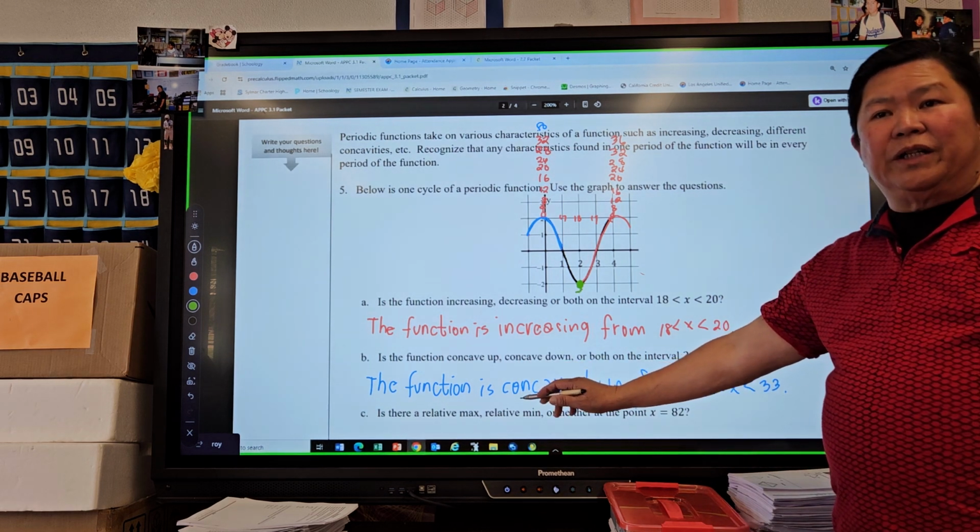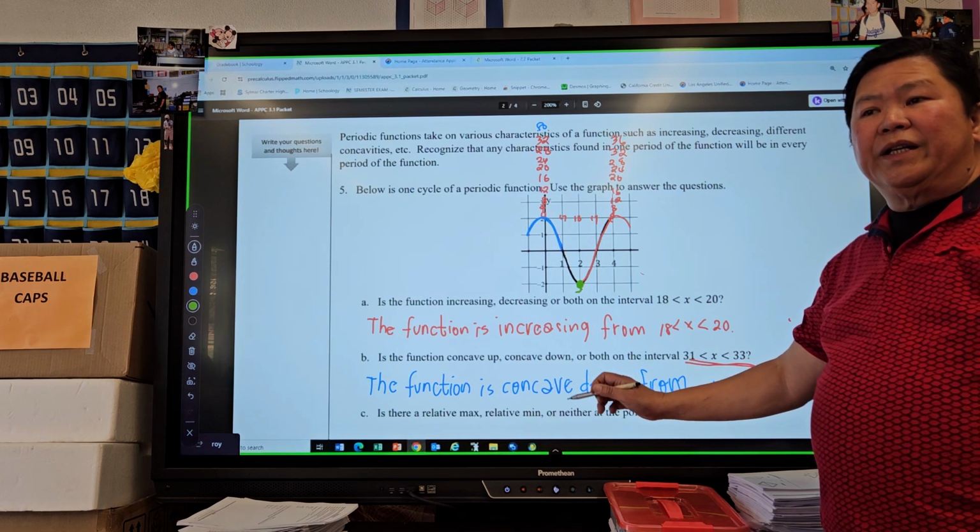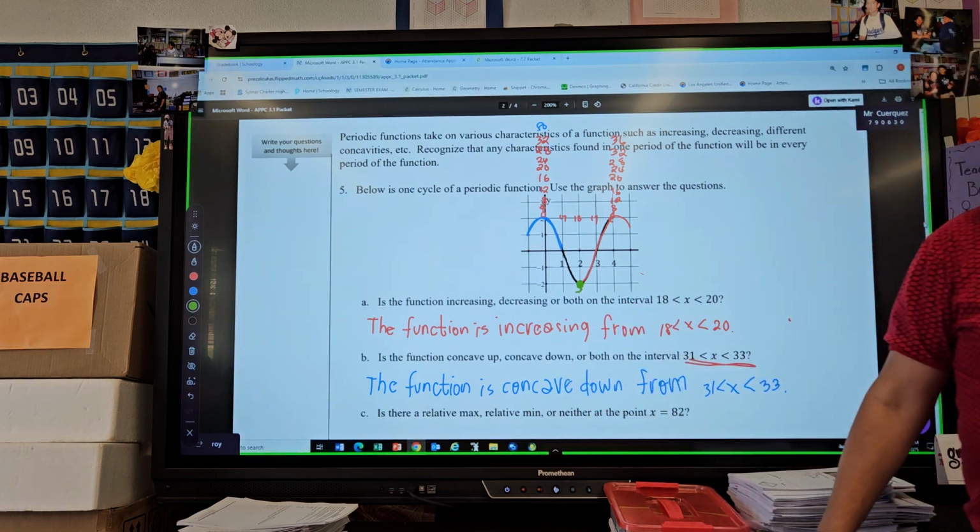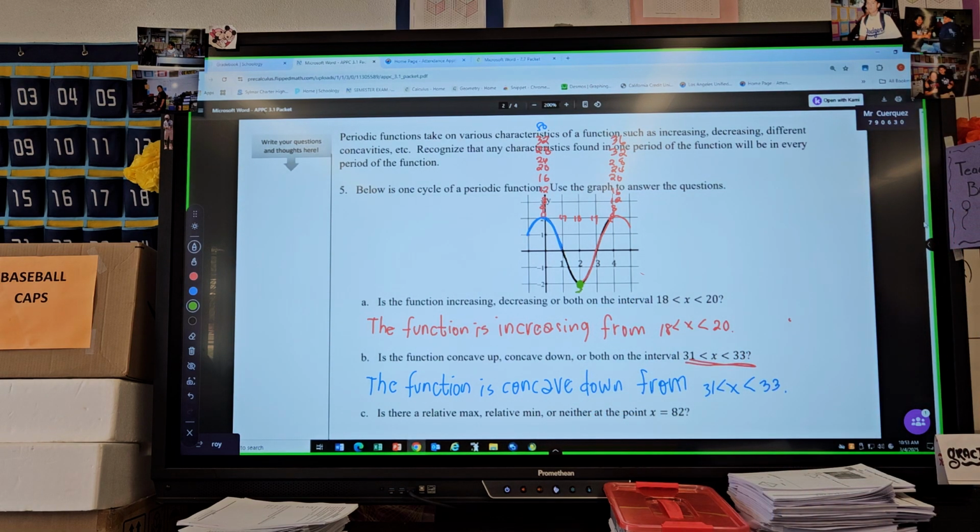Can you write down the justification? There is a relative minimum at x is equal to 80. Okay. Any question? We now move on to the practice.